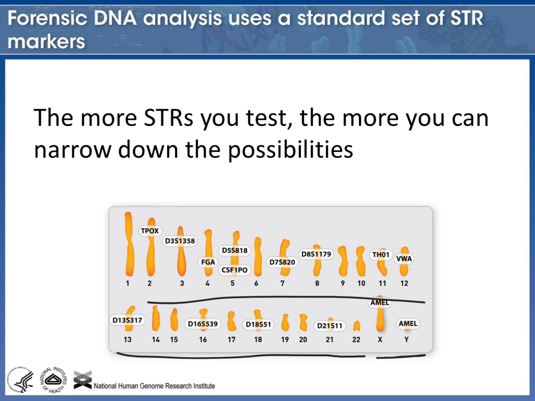Females have 2 X's, and males have an X and a Y. And there are these STRs called AMELs on each one. So you can see how many of these different things there are: 1, 2, 3, 4, 5, 6, 7, 8, 9, 10, 11, 12, 13, and 14 and 15. They're actually going up to 16 now, but there's a newer method, but you don't have to know it, never mind.